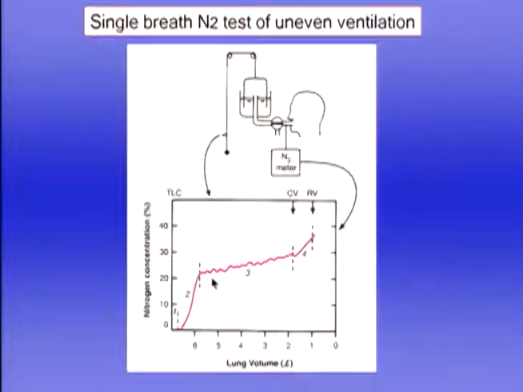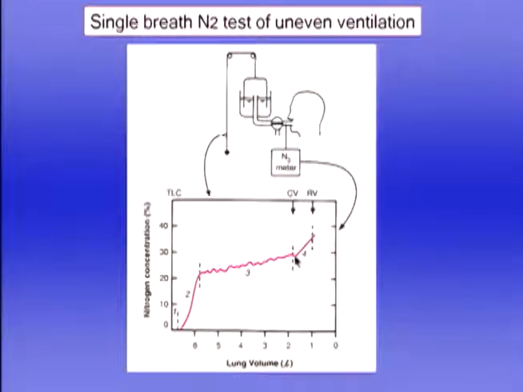In patients, however, with uneven ventilation, there's a slope in the nitrogen plateau, and the reason for that is that the poorly ventilated units receive less oxygen, and therefore they have a higher nitrogen concentration. And also the poorly ventilated units tend to empty last, and that gives us this upward slope. And the slope of this can be measured and is an index of the degree of uneven ventilation, and sometimes that's a useful measurement to make.